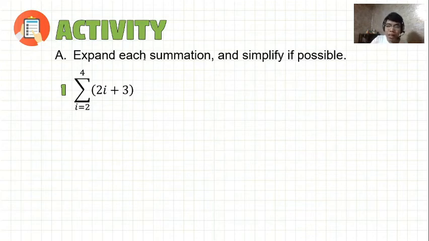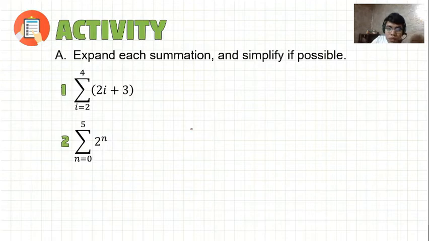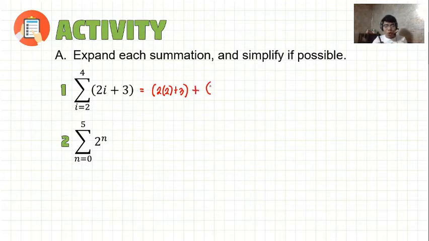Let's start with number 1. We will substitute i starting from 2 and ending at 4. So you have 2 times 2 plus 3. Then plus, we add 1 to the index: m, then next is m plus 1, so 2 plus 1 is 3.